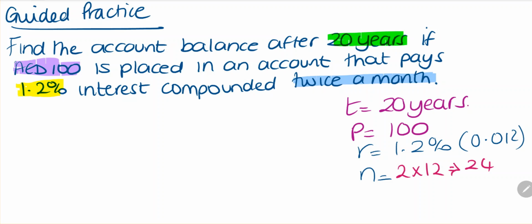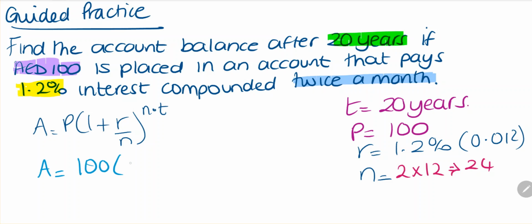So if you write down the formula, A is P times 1 plus R over n, to the power of n times t, and substitute in the values that we know. The principal amount is 100. The rate would be 1 plus 0.012 divided by 24, to the power of 24 times the number of years, which is 20.